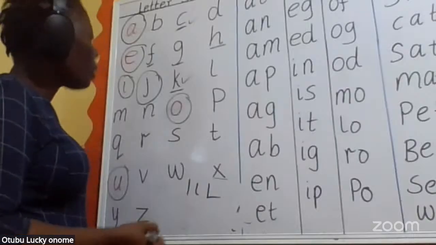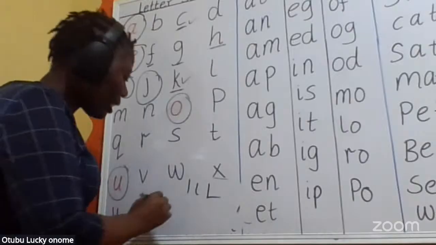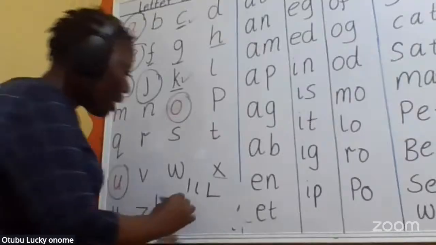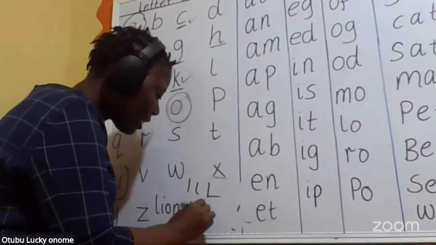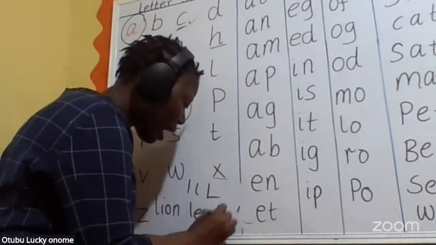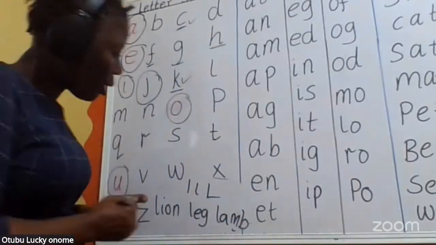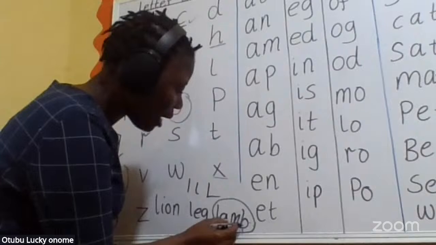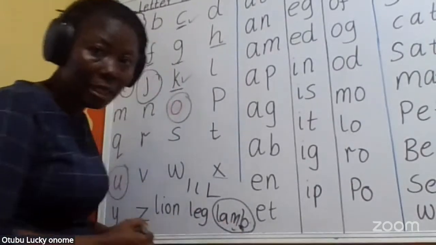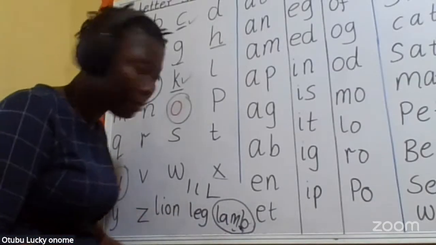We will learn how to form this later. We have it in words like lion, leg, and lamb. When you look at lamb, you can see that there's a b at the end. That b is silent, but when you are saying it, you go lamb. When you are writing it, the b must be there.